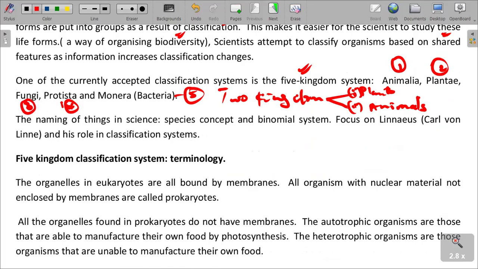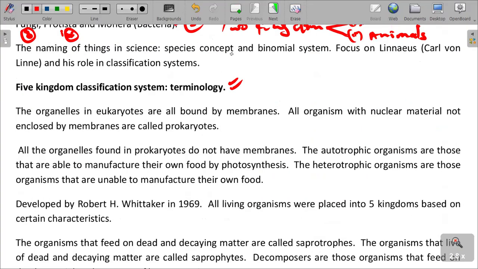And then the five kingdom classification system terminology. I want us to look at the five kingdom classification terminology. The organelles in the eukaryotes are bound by membranes. All organisms with nuclear material not enclosed by membranes are called prokaryotes.